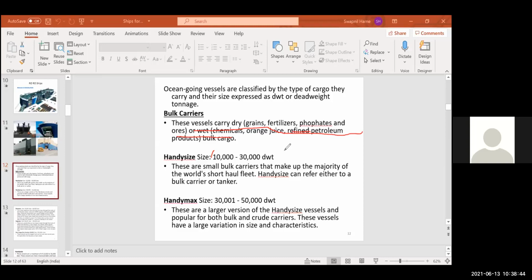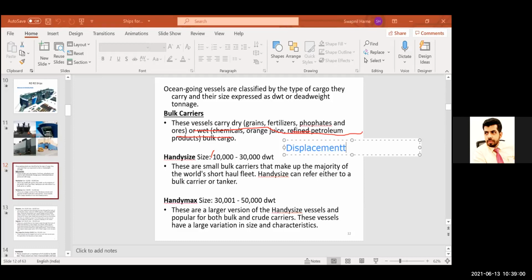Okay, so let's talk about the deadweight. Earlier I was talking about the displacement, and displacement is what?